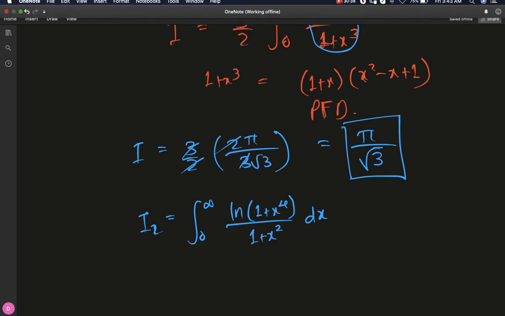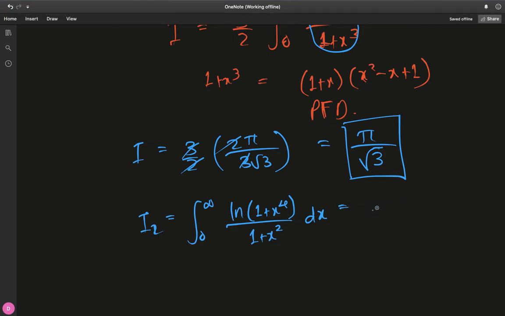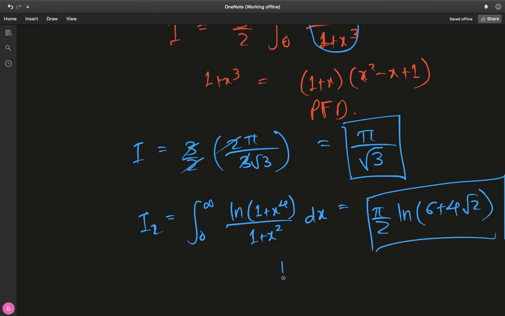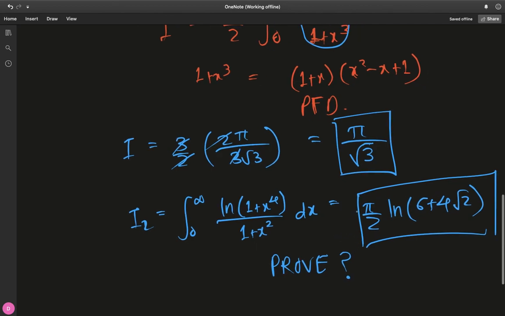And spoiler alert, this is actually equal to pi over 2 times the natural log of 6 plus 4 times root 2. So can you prove it? Now it's become a question of proving. So you just try it if you have time.